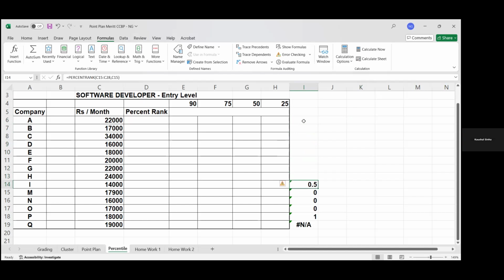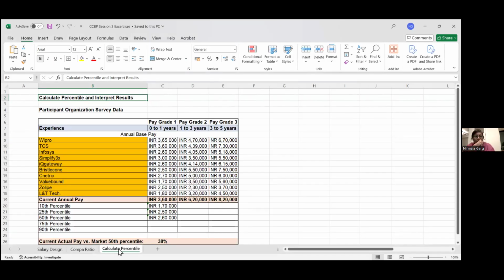Okay. So you have an exercise sheet, all of you. I want you all to calculate the percentile. These are 10, I think 10 or 9 IT companies. Their salaries for grade 1, grade 2, grade 3 are given here.